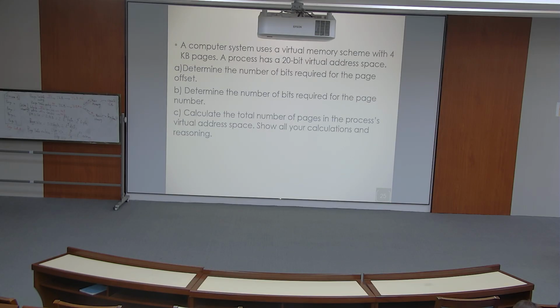We also need to determine the number of bits required for the page offset. The next question is to determine the total number of pages in the process's virtual address space, and you need to show all your calculations on how you got the answer. You have 5 minutes to complete this.